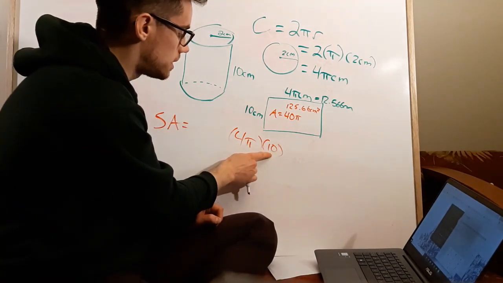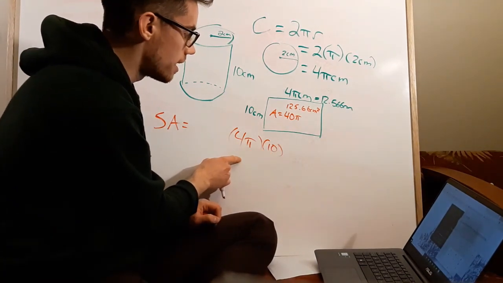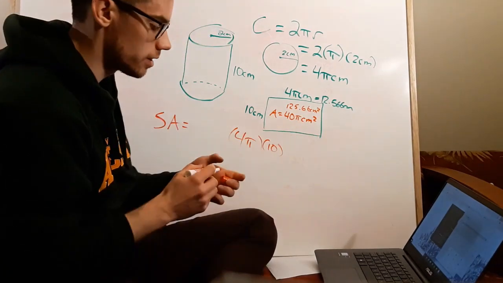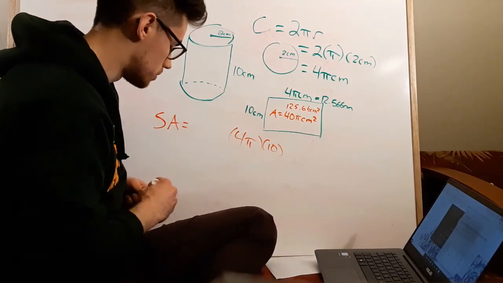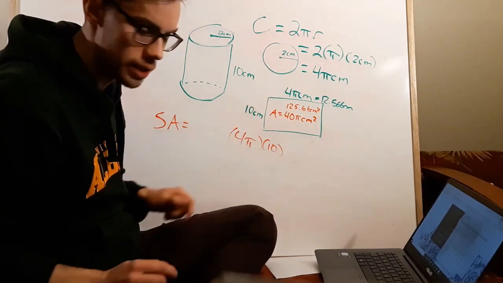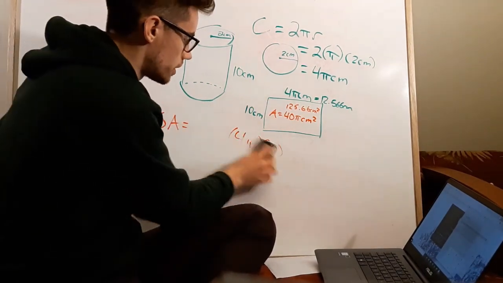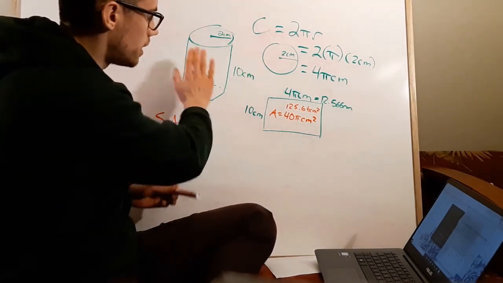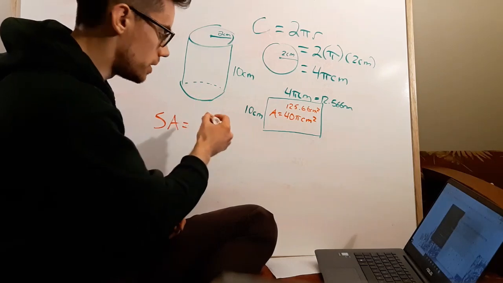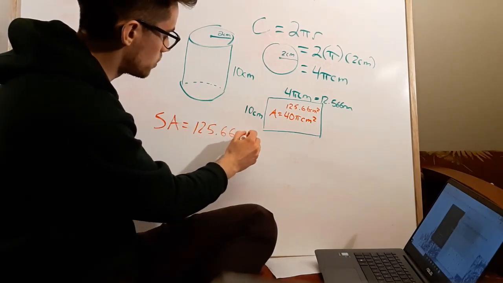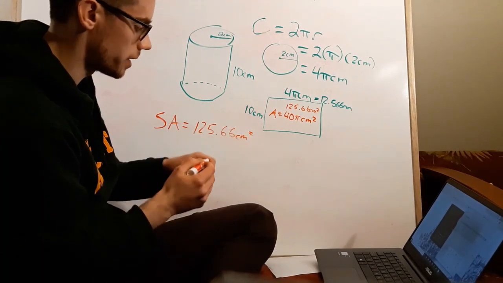If I have 10 groupings of 4 pi, I have 40 pi centimeters squared. If you put that into your calculator, you'll get a pretty close number as well. So one of those two works. I'll use this one because I'll put it into this total here. So I've calculated the surface area of the outside part. That's going to be 125.66 centimeters squared. Remember, the units are squared.